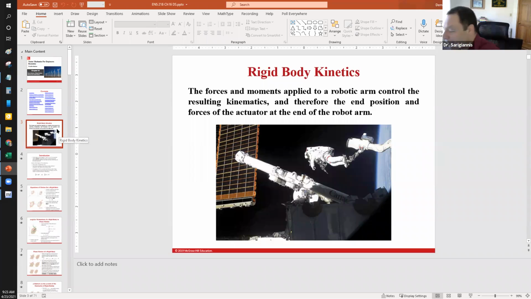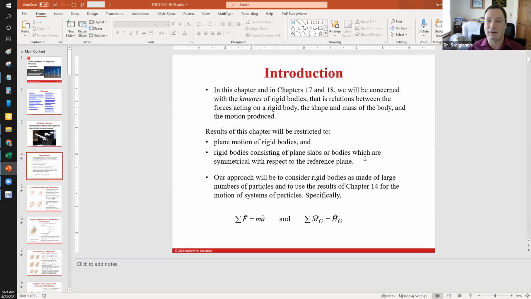We dealt with similar concepts earlier in the course, where we dealt with systems of particles, except in that case the particles were free to move independently. Now we have rigid bodies, and the concepts are going to be fairly similar, so I think you'll see a lot of similarities with groups of particles.